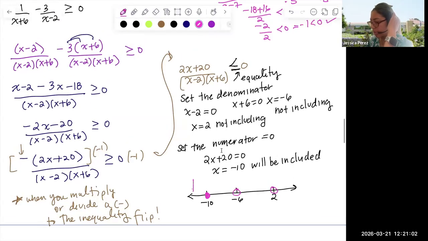I'm going to plug in a test point of negative 12, a test point of negative 8, a 0, and then a 3, and I'm going to look at the signs when I test them. Go ahead and find your solution. I'll give you a few seconds. So this is the timer. You pause the recording and you check. Alrighty.